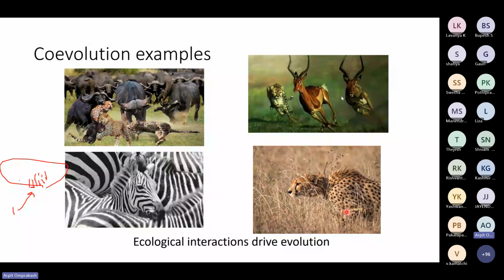So there are some coevolutions which are very specific. For example, hummingbirds and some species of flowers. Hummingbirds have a very long beak and only very few species of flowers have those long, slender flowers.